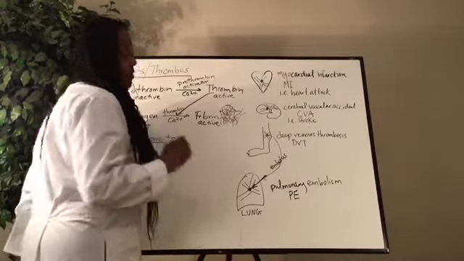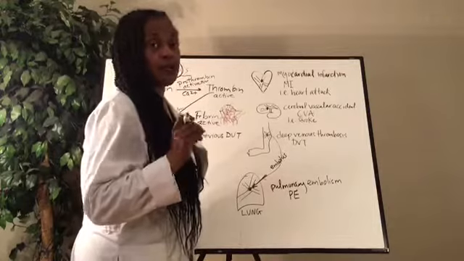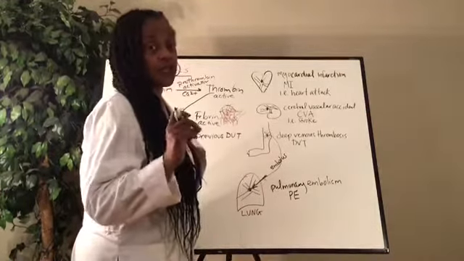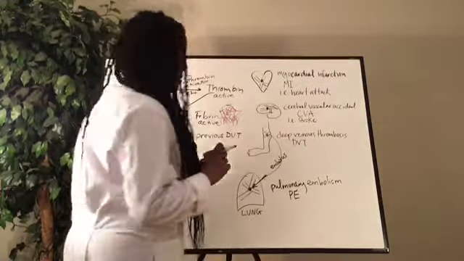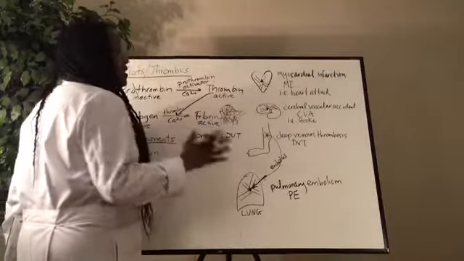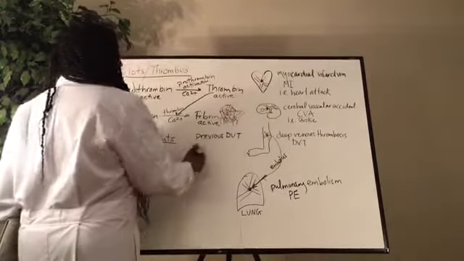Take yourself to emergency or have somebody take you to emergency and tell them, I have a history of DVT. You need to check my lungs and make sure I don't have clots in them. You need to heparinize me, make sure that my blood gets a little thinner so that I can breathe. Don't leave until they check you thoroughly. Previous DVT sets you up for another DVT.